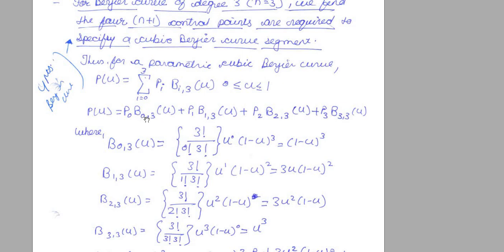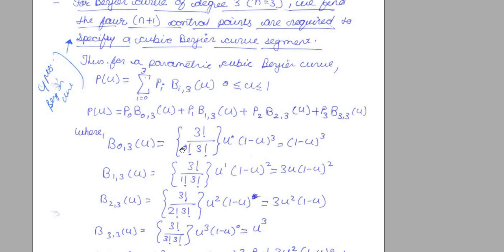Now we have to express this blending function. The blending function is in binomial form, so we write B_{0,3} of u as C(n,i), that is n factorial by i factorial into (n minus i) factorial. What is your n?